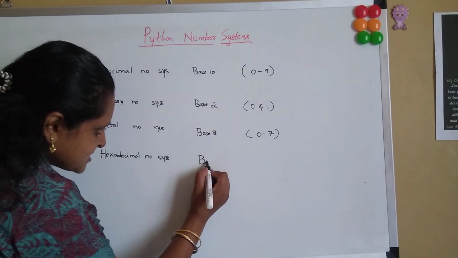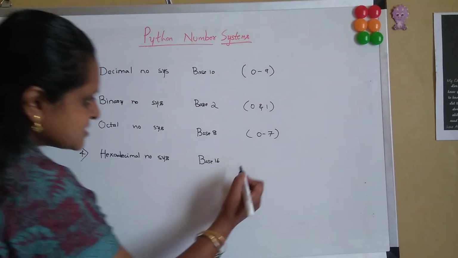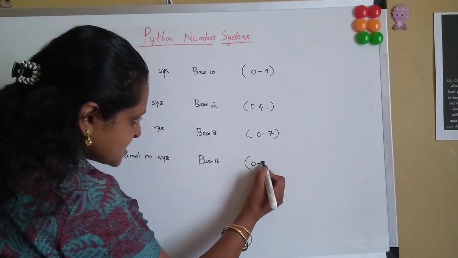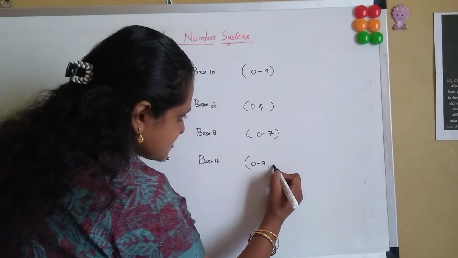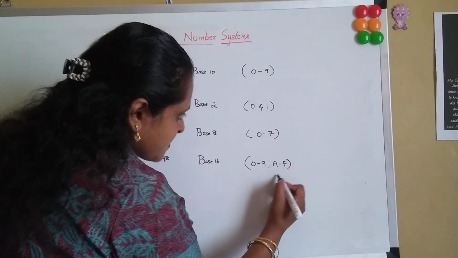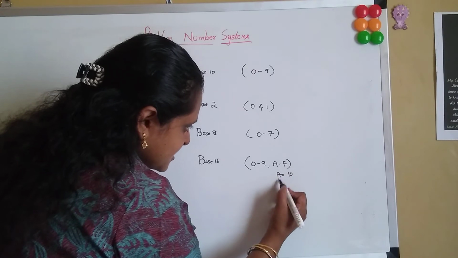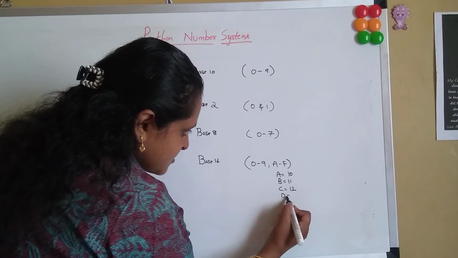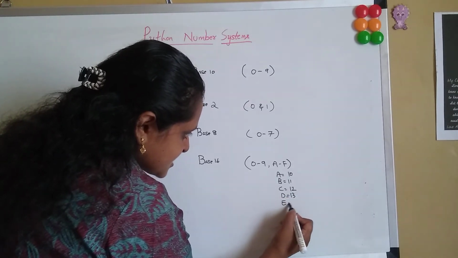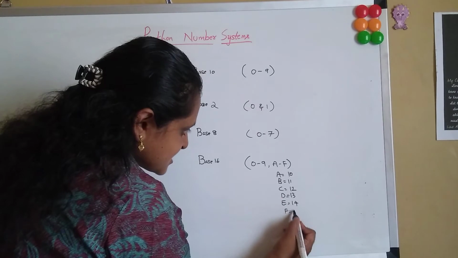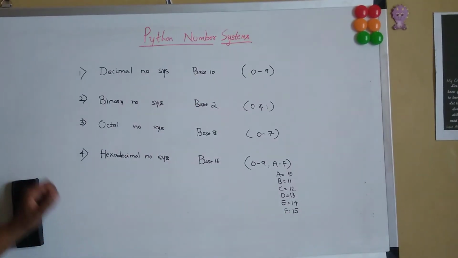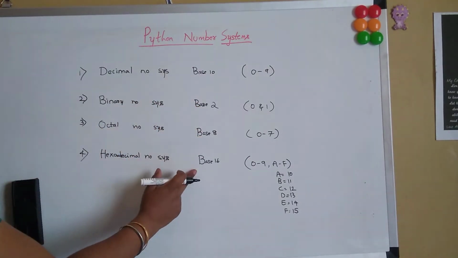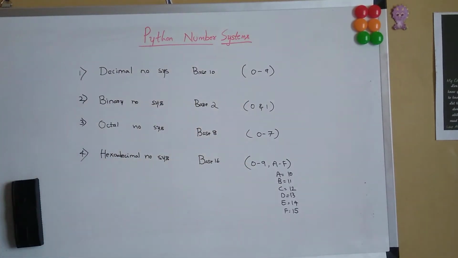It is a base 16 number system which can have numbers from 0 to 9 and alphabets from A to F, where A represents 10, B represents 11, C represents 12, D represents 13, E represents 14, and F represents 15. So, these are the different number systems available in Python programming language, and these are the different bases and the values in each of these numbers.